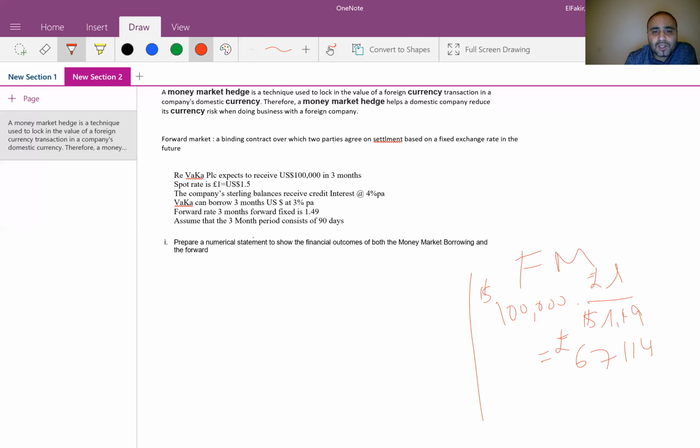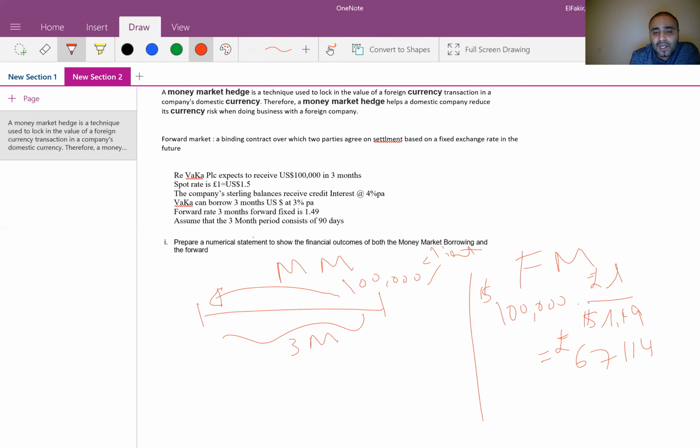Now let's explore the money market. In this case, the company is expecting to receive in 3 months time an amount of 100,000 from its client. Okay, but that is going to be in 3 months time, right?